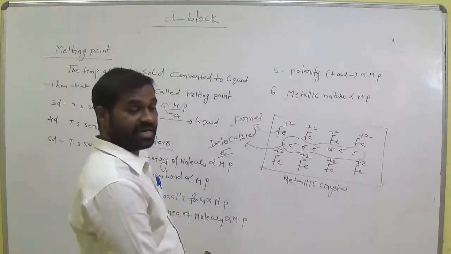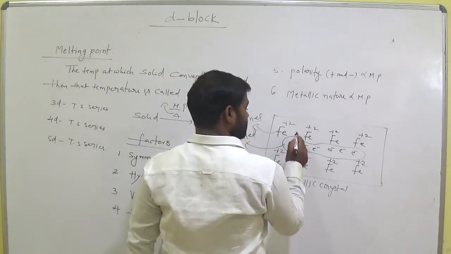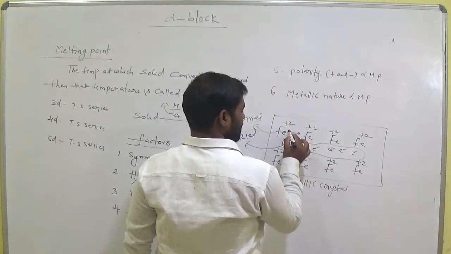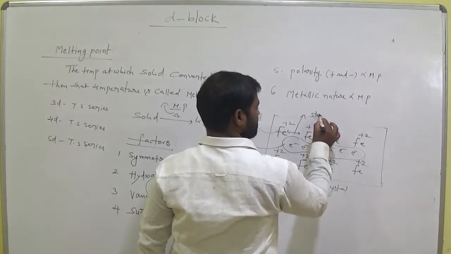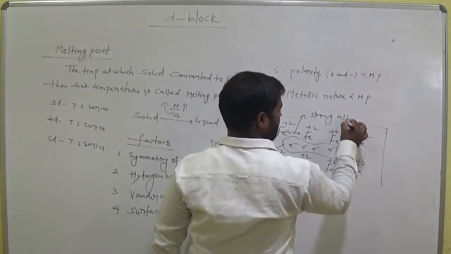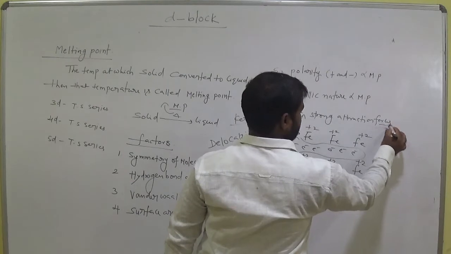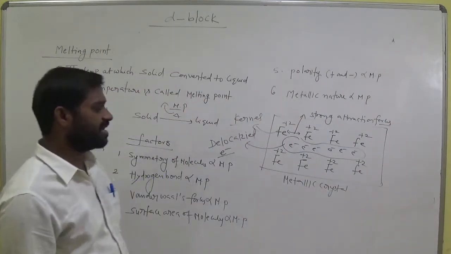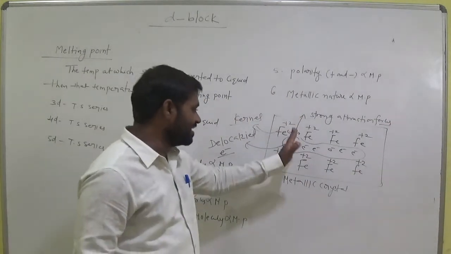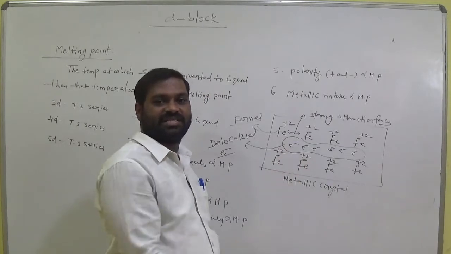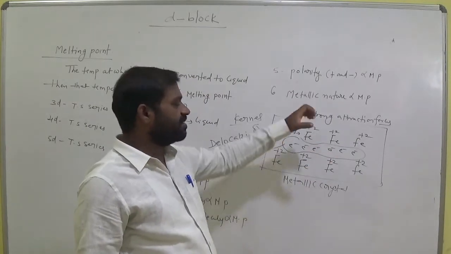So in this particular case, strong attraction forces exist in metallic crystals. If you want to break these bonds, we offer more energy. That means these crystals have more melting point.